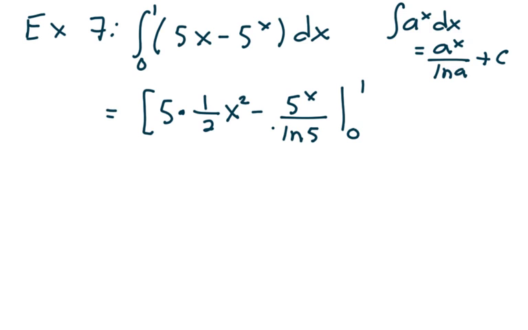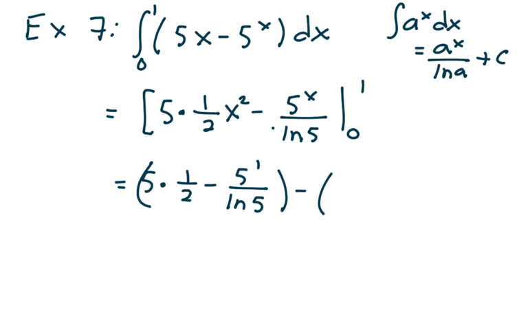I'm going to plug the 1 in, and I'm going to get 5 times 1/2 minus 5 to the first over natural log of 5. And then I'm going to plug in 0, and I'm going to get 5 times 1/2 times 0 squared, right? Minus 5 to the 0 over natural log of 5.